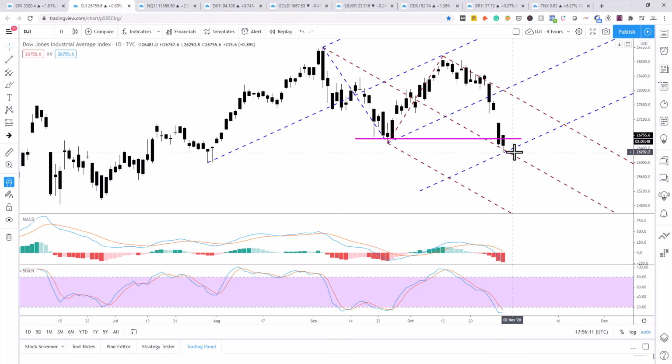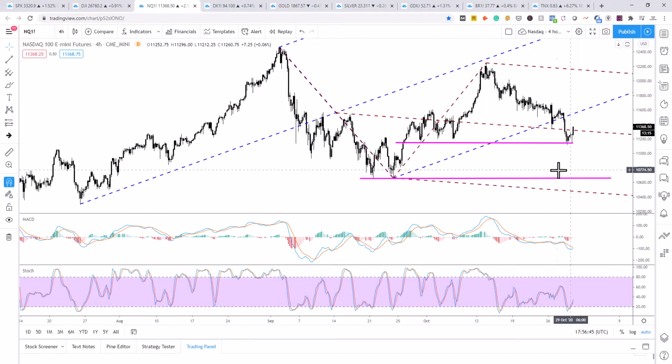These intersecting median lines are referred to as energy magnets, energy points, and it's quite common for price to get pulled into these intersections, these price magnets. That's what we're seeing here. Price got pulled into that price magnet. We'll see, maybe we get a bounce from there, maybe not.